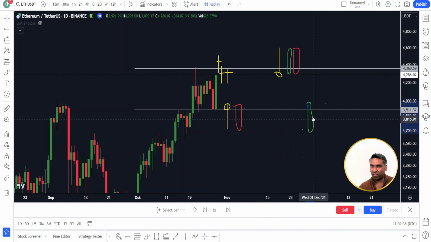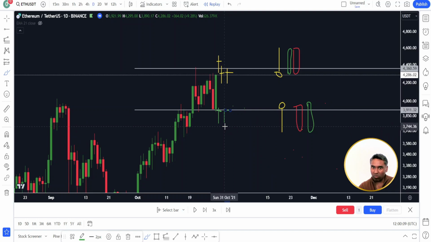What else can we observe here? What other patterns can we observe here? Let me put these patterns here. We can observe wicks here, how the candlestick wicks are formed. If the price comes down and closes near this area, and we have something like this, if the prices are coming down and getting rejected and closing near these areas, this is a strong signal that the price wants to reverse from this area.